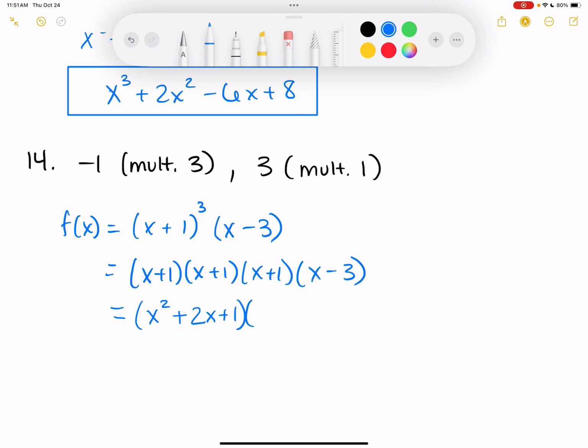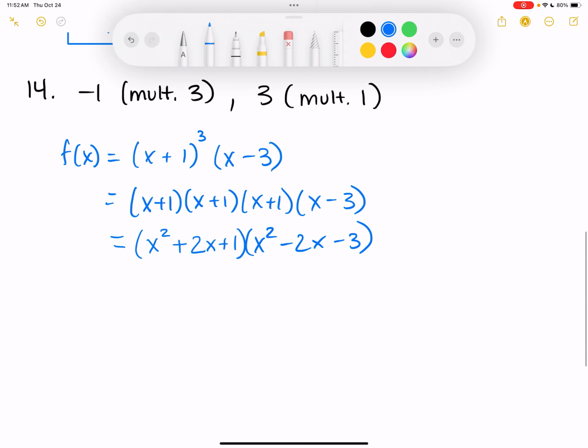X squared. Minus 3x. Or actually, minus 2x. Yeah, so minus 3x plus x, so minus 2x. And then minus 3. And if you need to write it out in the separate pieces, that's totally fine, but you can just shorten it. So then now I can just superfoil essentially what I have.